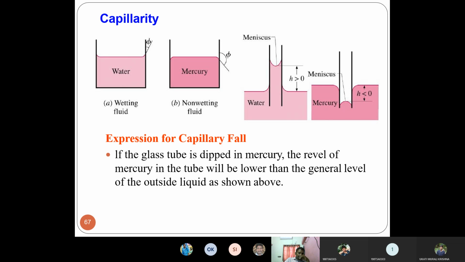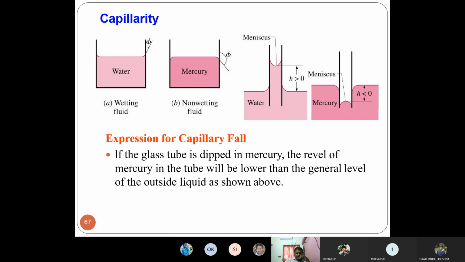Okay, and in these two beakers, we are dipping two glass tubes. So water rises up into the glass tube, whereas with mercury, the level is falling inside the glass tube. See, in the tube in which we dip the water, we get a concave surface, which is the meniscus.